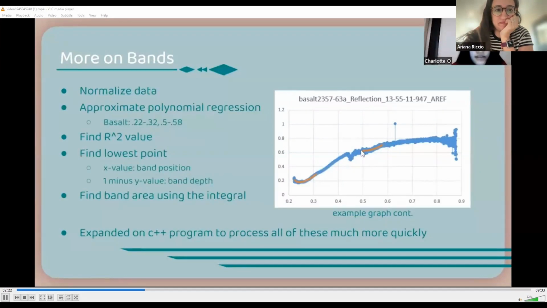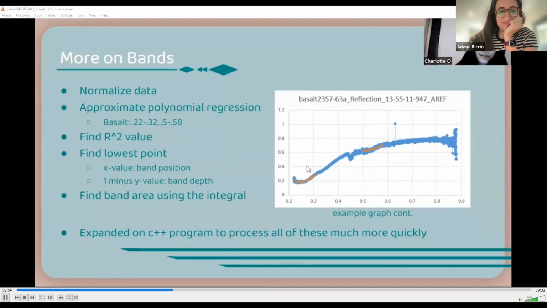So here's more on bands. These are areas of the graph that have these divots. For basalt, the ranges are 0.22 to 0.32, and then 0.5 to 0.58, and these ranges are different for the different rock types we're looking at. Also R-squared value: find the lowest point, and then the x value of the lowest point will be the band position, the 1 minus the y value of the lowest point will be the band depth, and then find the band area using the integral of the regression.